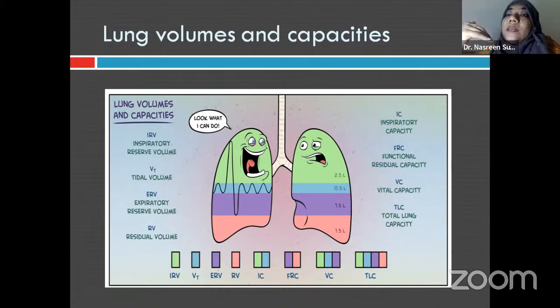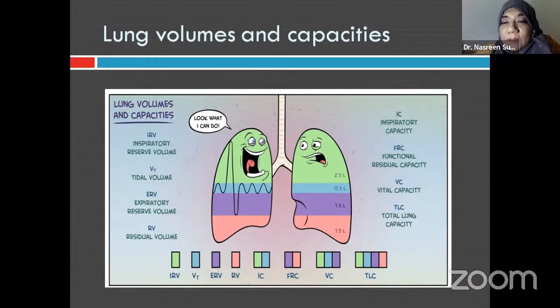IRV does not count the tidal volume, but in IC you are counting the tidal volume also. Usually the tidal volume will be 500 ml, so whatever IRV you get, if you add 500 ml, you will get IC, inspiratory capacity.